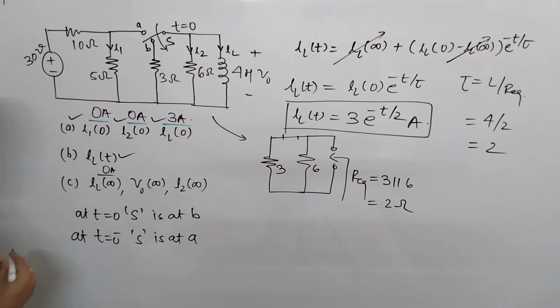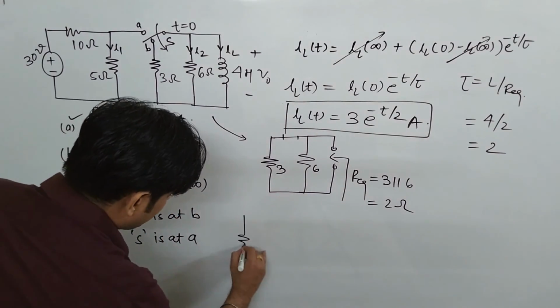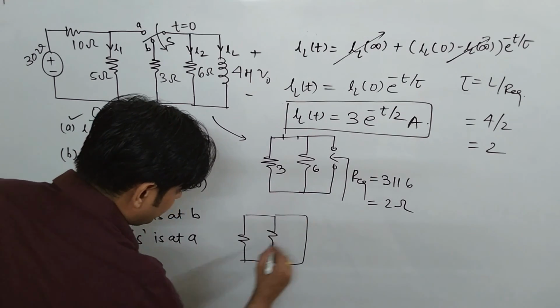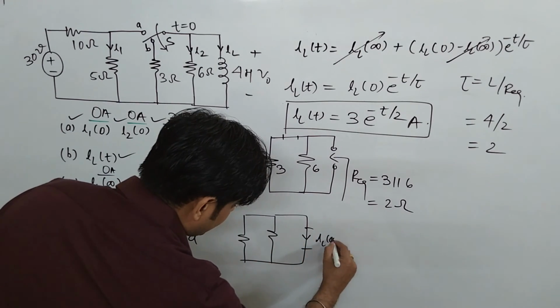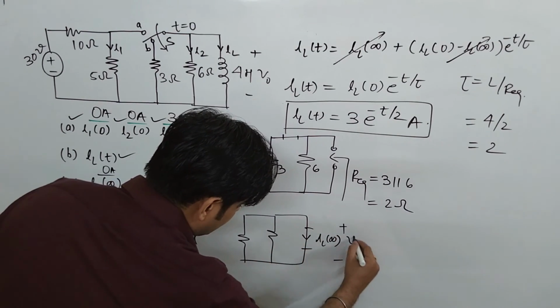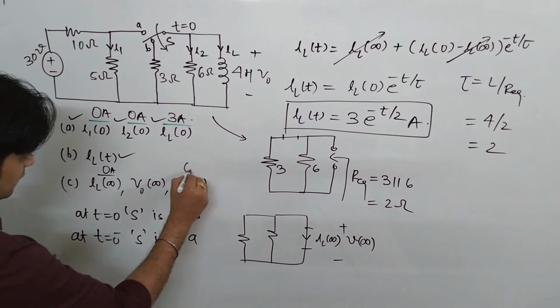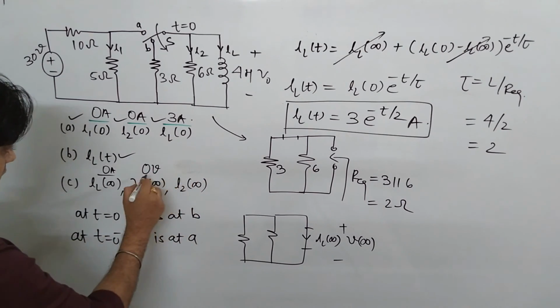Since IL infinite is 0, at that time you have seen the capacitor was in this manner. If you just rewind this video, this was the current as IL infinite, and the potential here was V infinite. So you can directly say that this is also 0 volt.